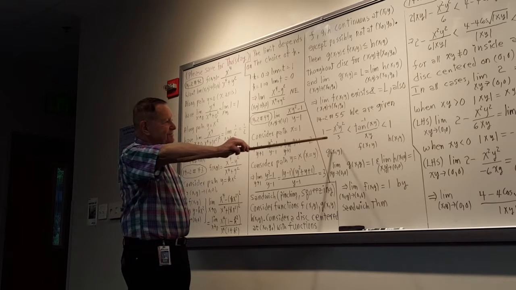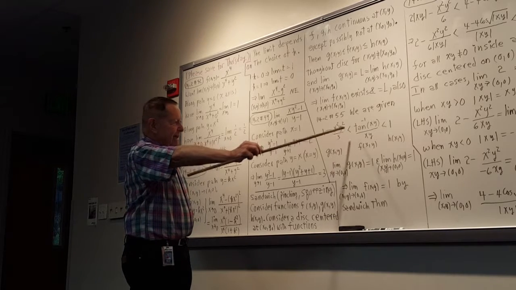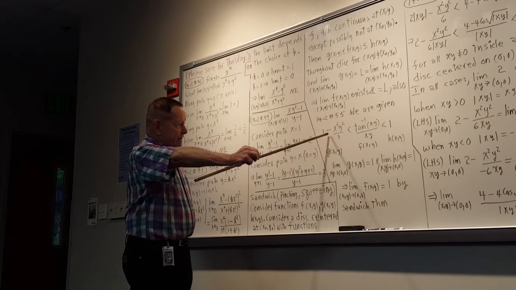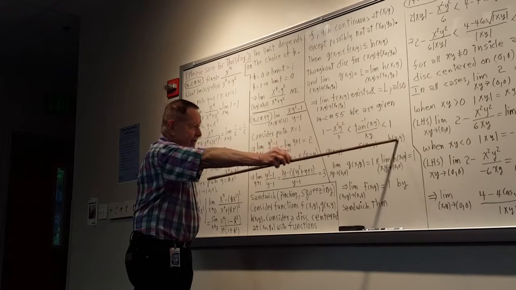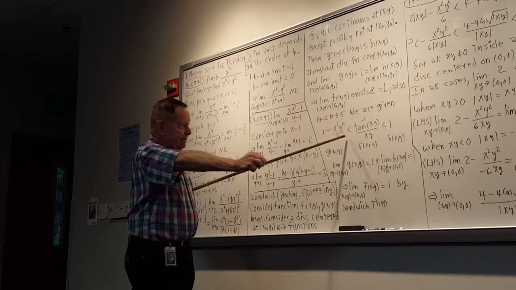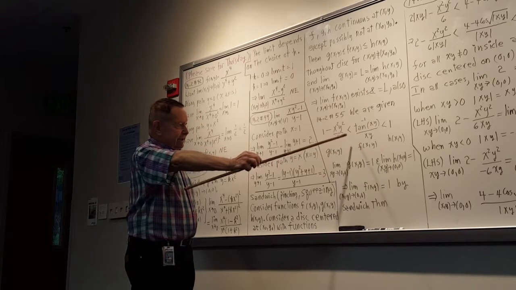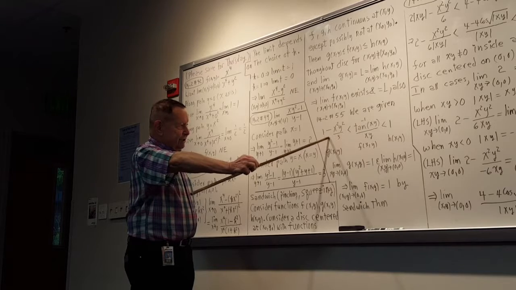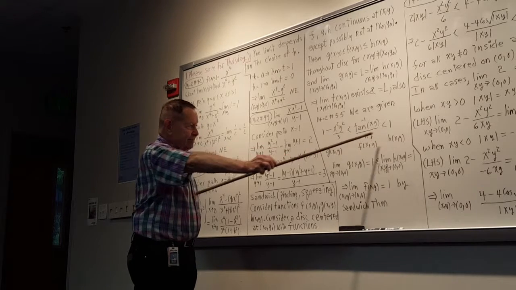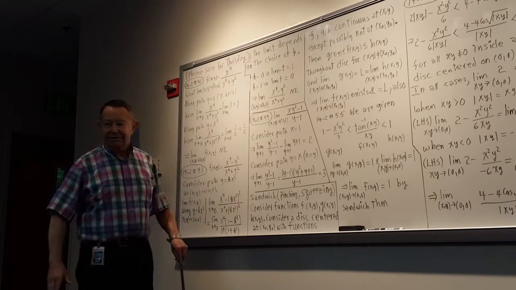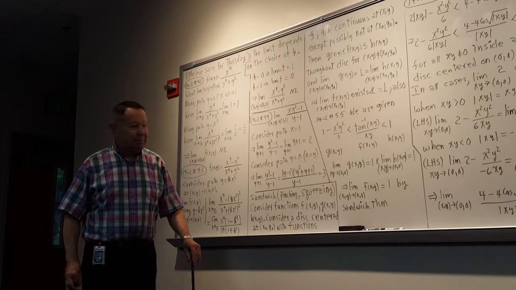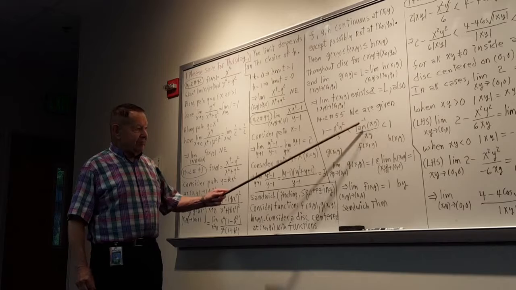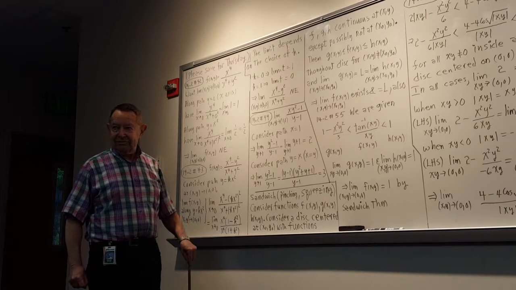And so given that, you could call this G, and you could call that H, and then what you're trying to say is that if G and H both have a limit as x, y goes to 0, 0, then f must have that limit also.